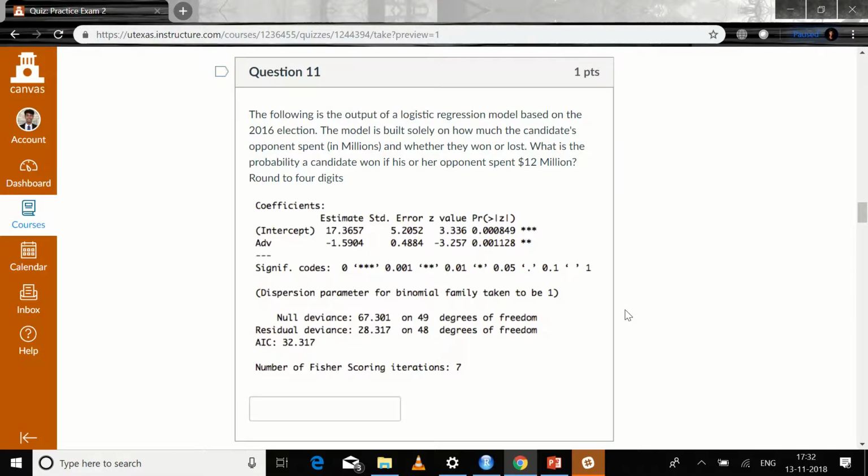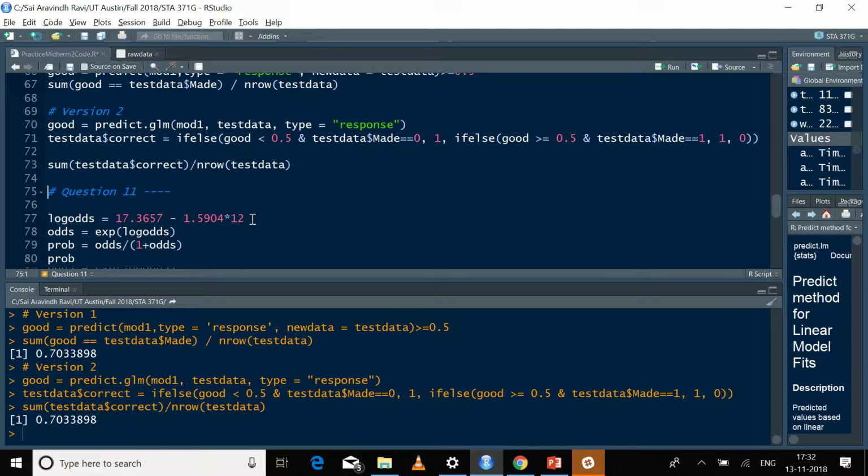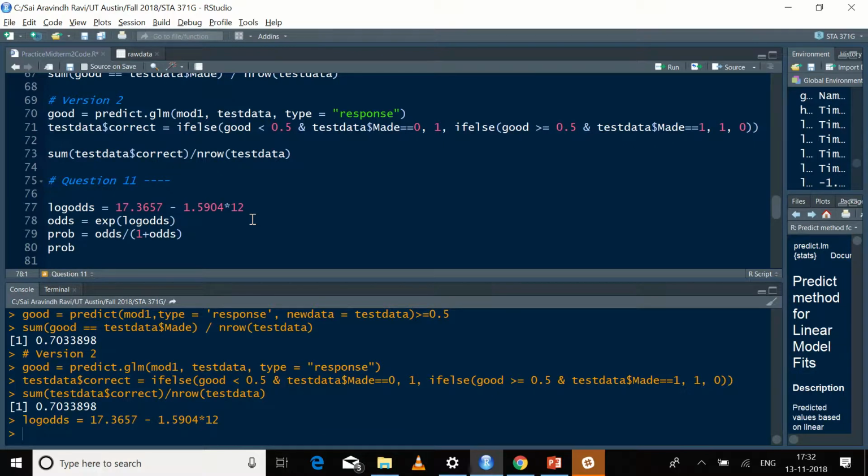The log odds, right? That should give you the log odds, and from there you go ahead and calculate the probability. So it's the intercept. The log odds would be nothing but the intercept minus the slope times 12, storing it as an object called log odds.